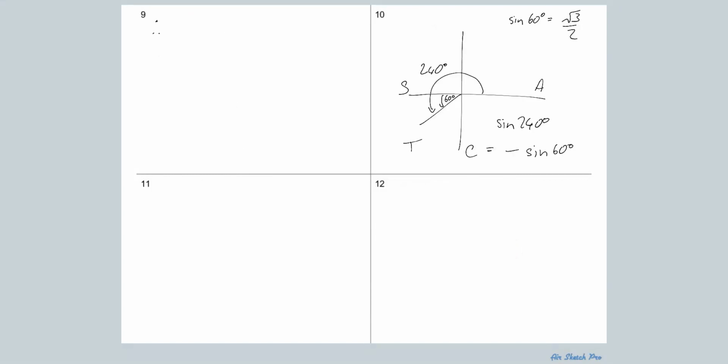So therefore, theta is either pi plus 3 pi on 10, which equals 13 pi on 10, or theta equals 2 pi minus 3 pi on 10, which is equal to 17 pi on 10. And there's our two answers.